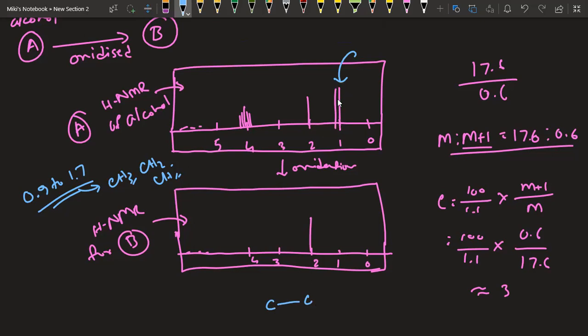Since this is a doublet, the number of hydrogens is n plus 1, where n is the number of hydrogens. So 1 hydrogen plus 1 is the peak. So if we are representing this carbon, its corresponding carbon should have 1 hydrogen. That's what it is representing.